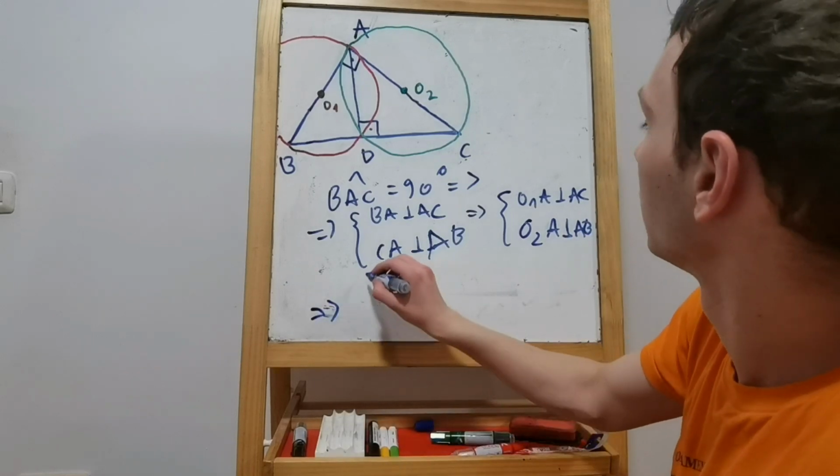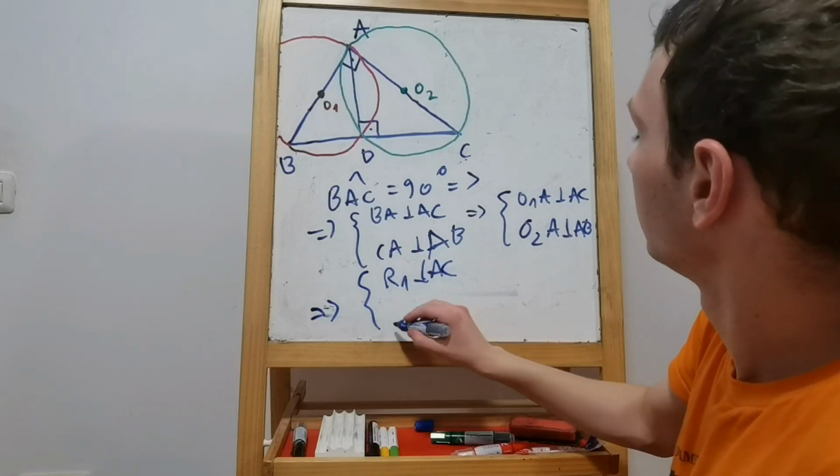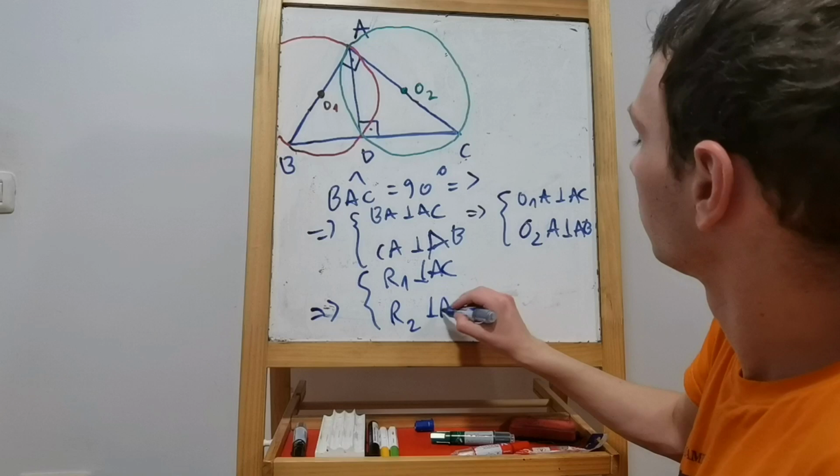So that means that radius 1 is perpendicular to AC, and radius 2 is perpendicular to AB.